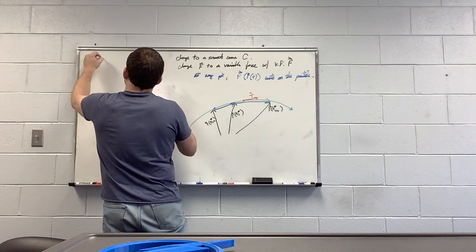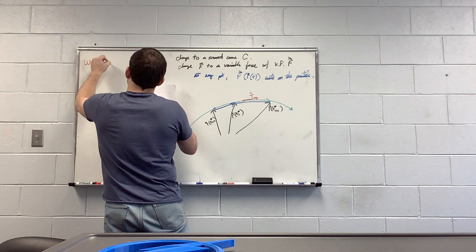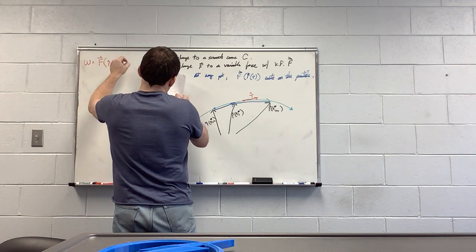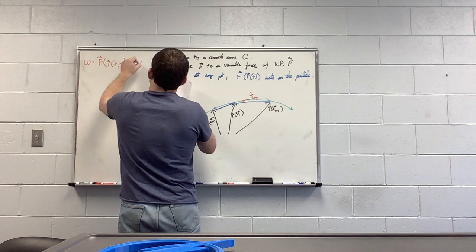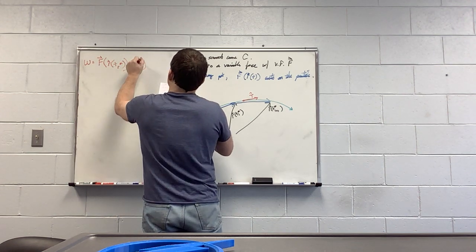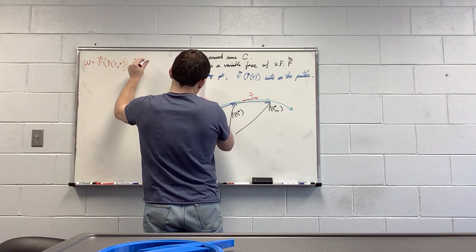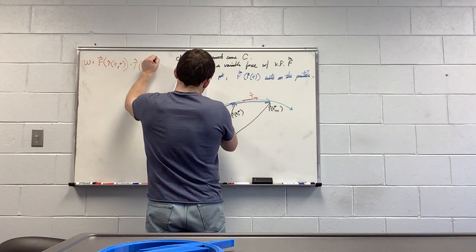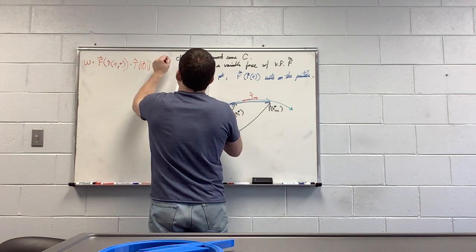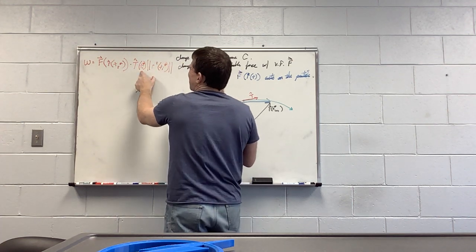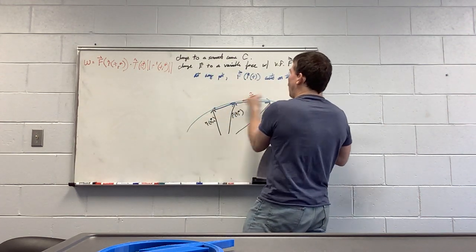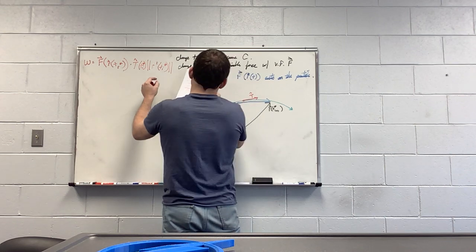Work is equal to the force F of r of t sub i star, dotted with my unit tangent, times the magnitude of the derivative. Again, that will make sure I multiply this by this to get the correct force in the direction of the unit tangent.